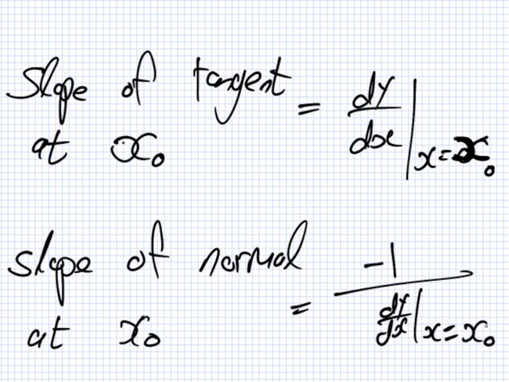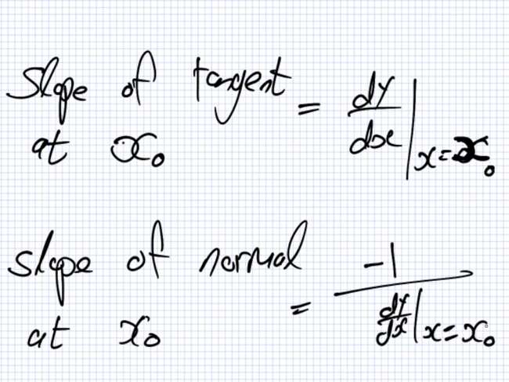So this point here will be pi over 3 and root 3 over 2. Okay, what is the slope here? dy dx. What's the derivative of sine? Cos. And what's x? Pi over 3. So this is cos pi over 3, which is a half.